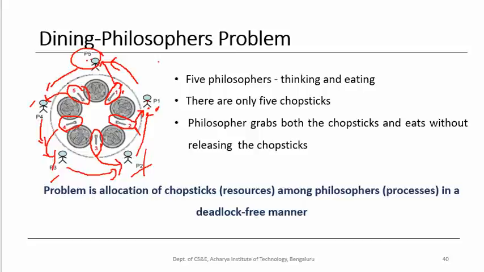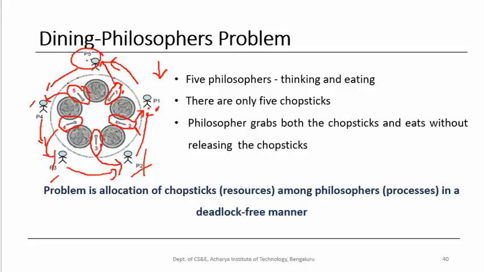There will be no progress, as none of the philosophers will release the chopstick, because all of them are trying to get the chopsticks which are held by other philosophers. So this is the deadlock problem.